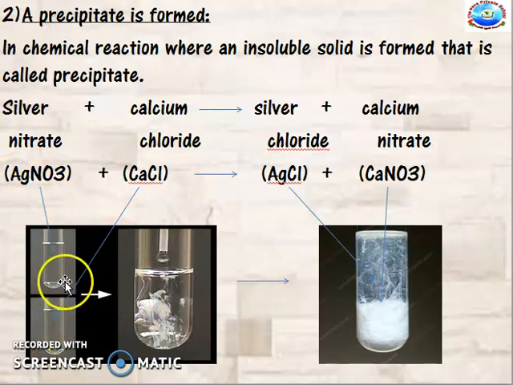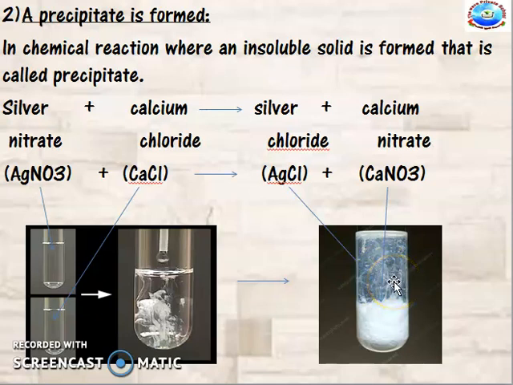What happens when two liquid solutions are mixed? See, slowly in the calcium chloride we are adding silver nitrate. You can see there is a solid formation which is not soluble in water. So what is it exactly?